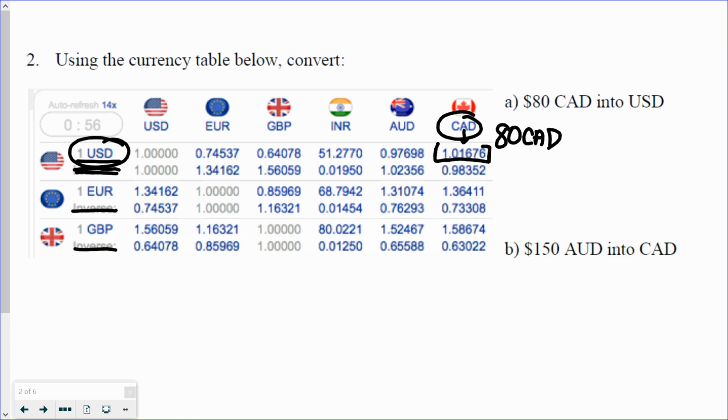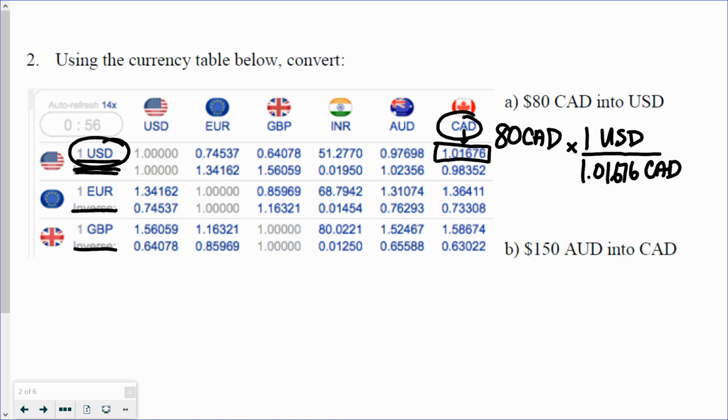So the conversion factor that we're going to actually use here is 1.01676 Canadian dollars is equal to 1 US dollar. So this is kind of like unit conversion that you would have used in Science 10 potentially. So $80 Canadian, we know that 1 US dollar is equal to that 1.01676 Canadian dollars.